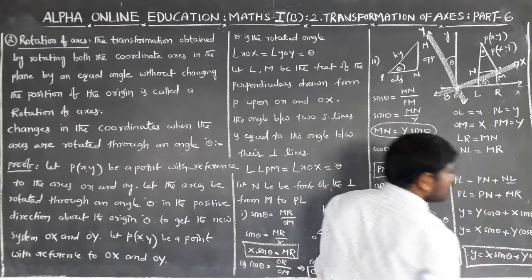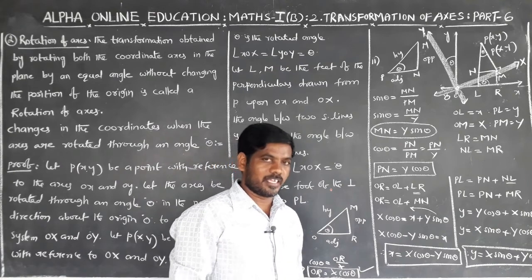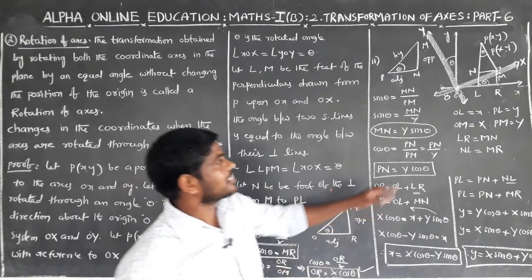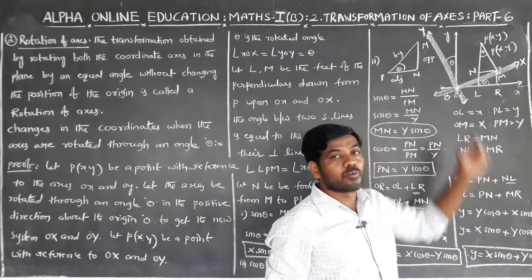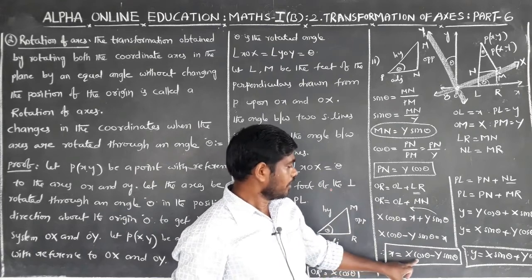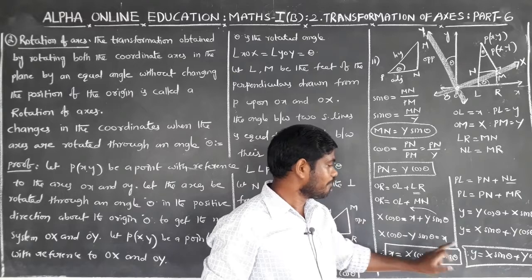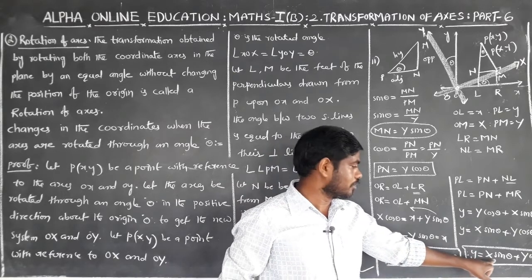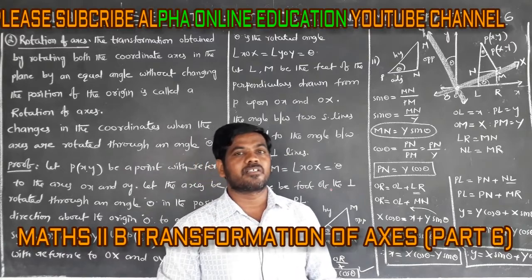This is the change of coordinates by rotation of axes. When the axes are rotated through an angle theta, the relation between the coordinates is small x is equal to capital X cos theta minus capital Y sin theta, and small y is equal to capital X sin theta plus capital Y cos theta.